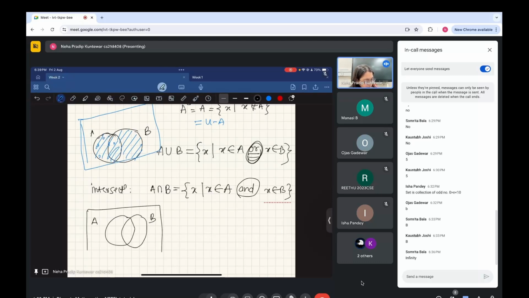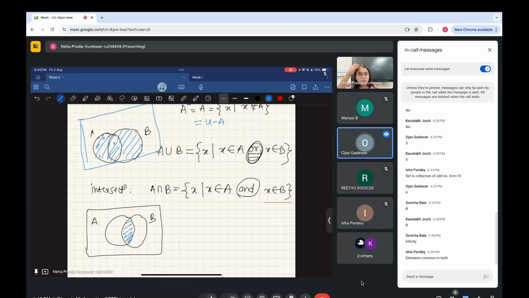Would anybody like to attempt what the intersection should look like in the diagram? Ma'am? Yes? So when we shade the common area between A and B, then we can get the intersection of A and B. Yeah, that is exactly the answer.